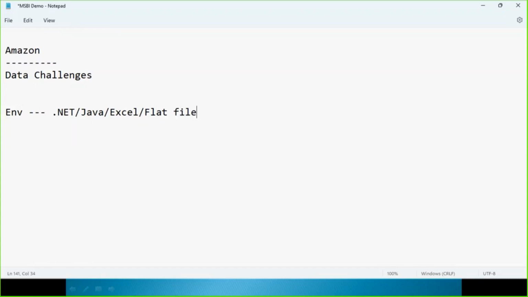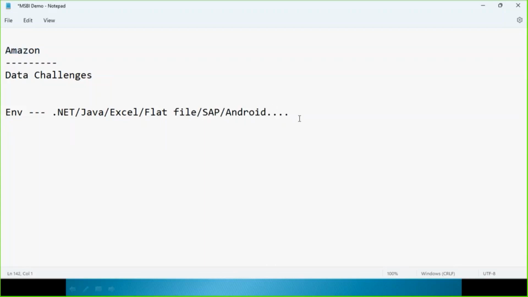Clear? Some of the data in SAP, some in Android mobile phones, because people are buying products using mobile phones. So they don't have the data in a single environment, but all the data belongs to a single company called Amazon.